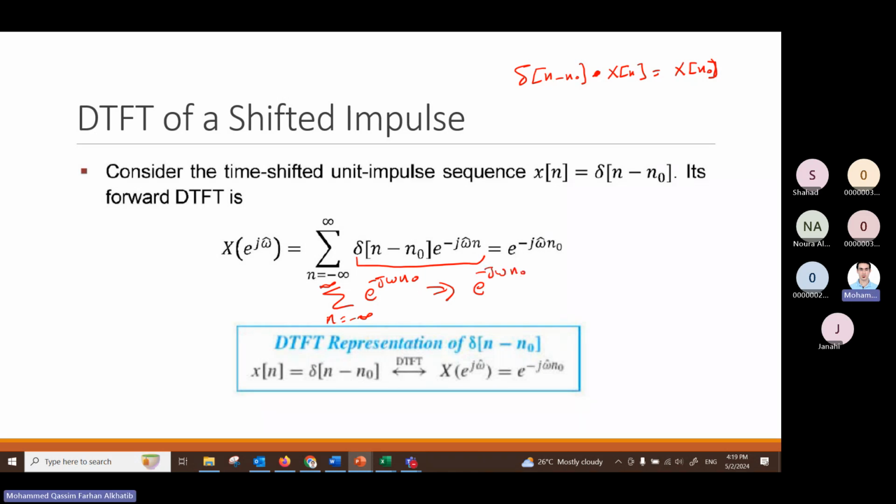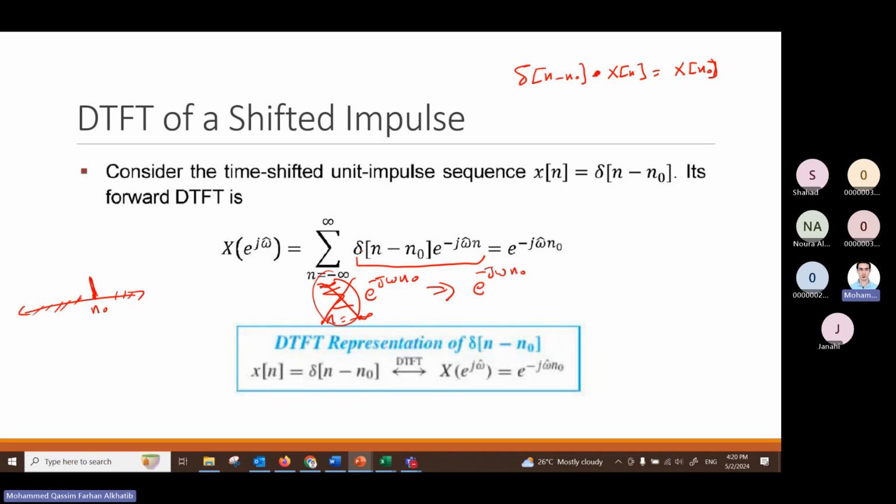Also, this means that for all points of n, it has a value only at n naught. All others will be 0. So the summation is also meaningless because all other values will be 0 and it has only one value at n naught.